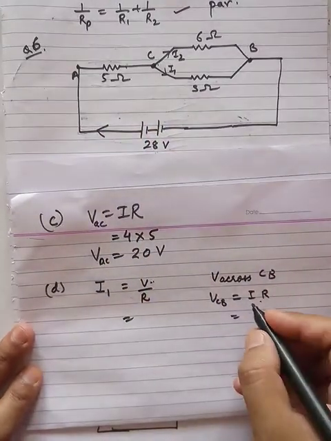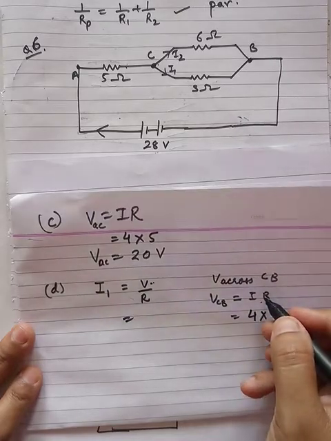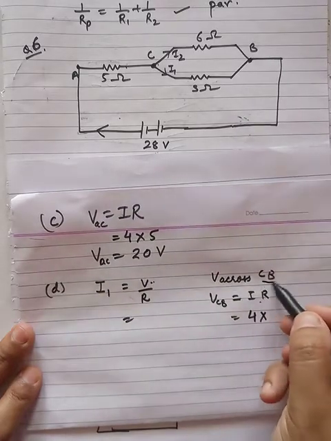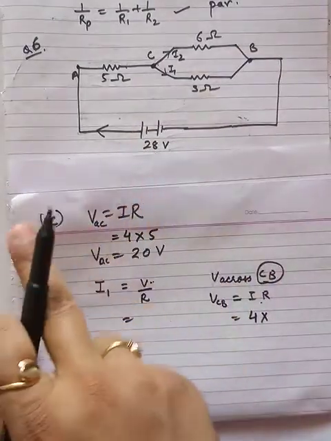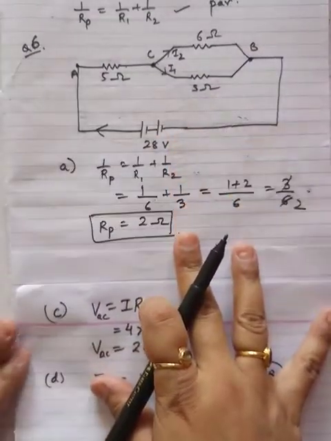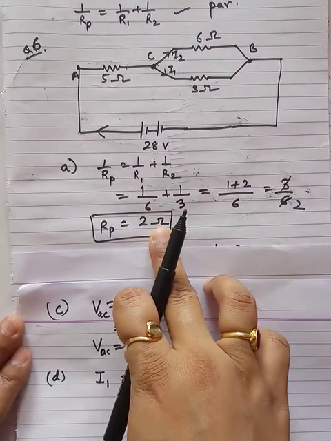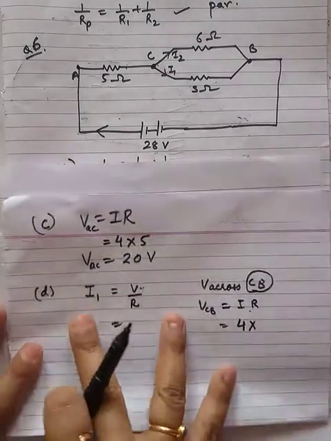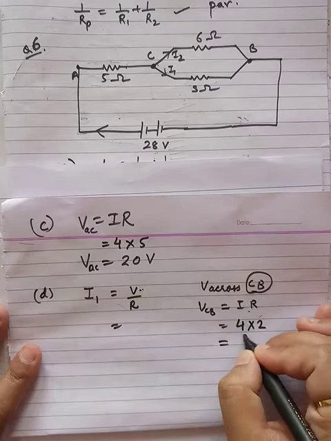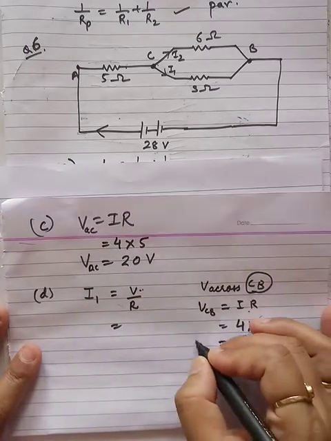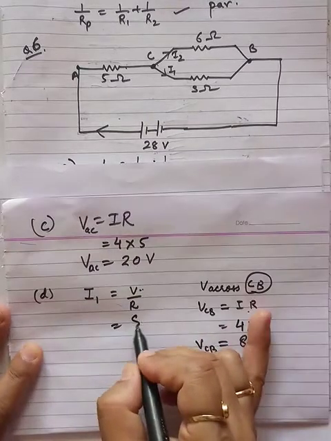So the current is 4 multiplied by the resistance across CB. The resistance we found in part 1 for the parallel combination was 2 only. So it is 8 volt. VCB is 8 volt.